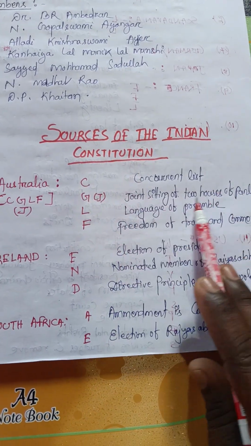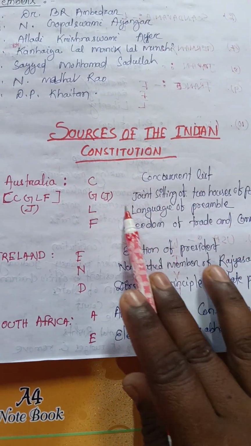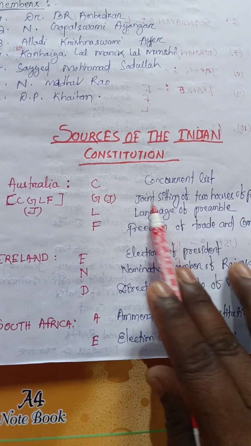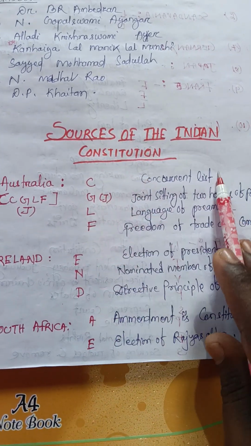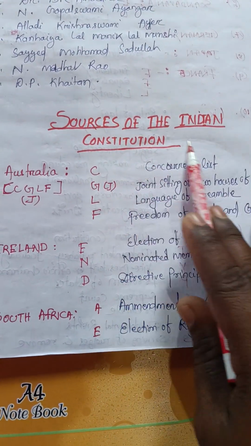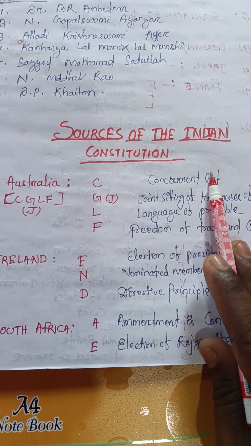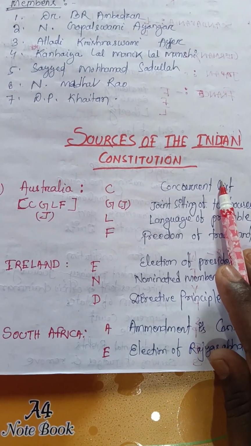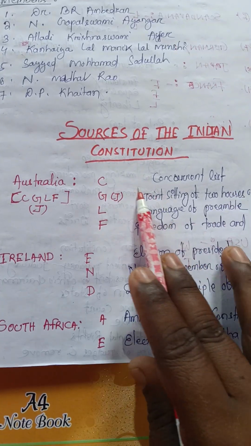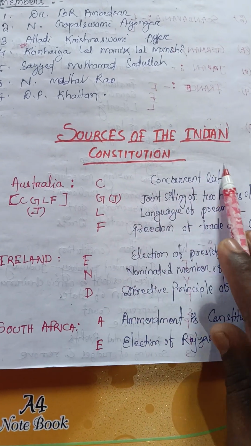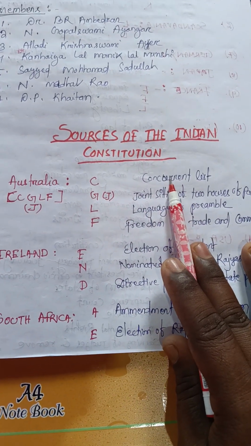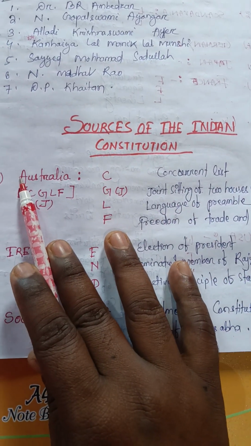The concurrent list is the list that comes under both union and state. Presently there are 52 subjects in the concurrent list, and it was borrowed from Australia.